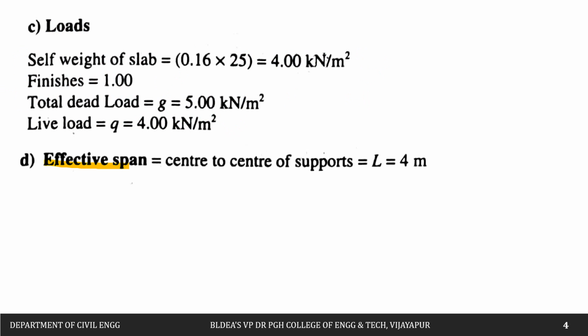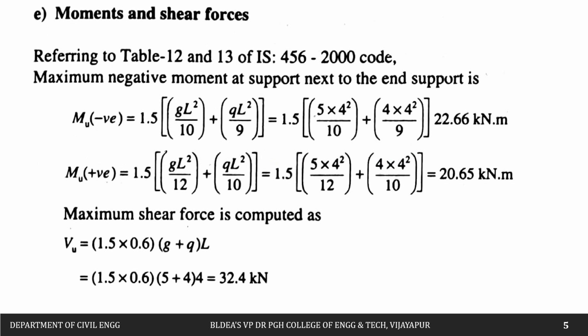Next is the effective span, which is nothing but center to center of the supports, that is L equal to 4 meters. Then next we have to calculate the moment and shear forces based on the codal provisions given in Table 12 and 13 of IS 456-2000.